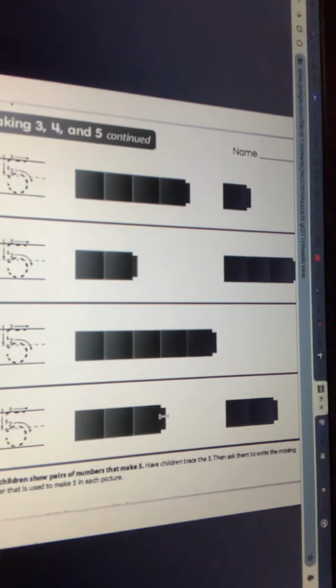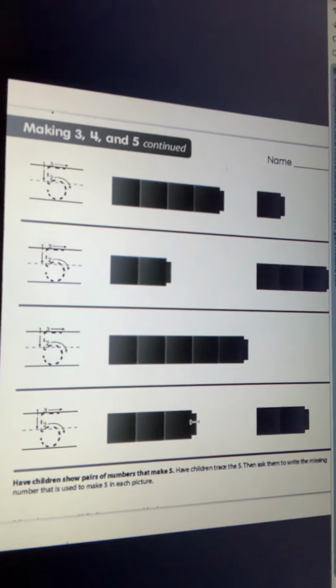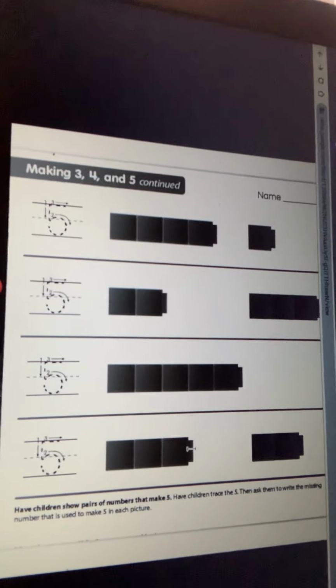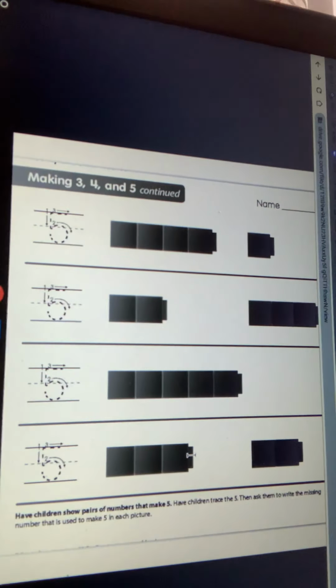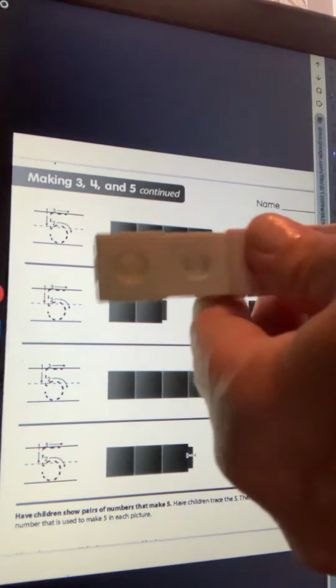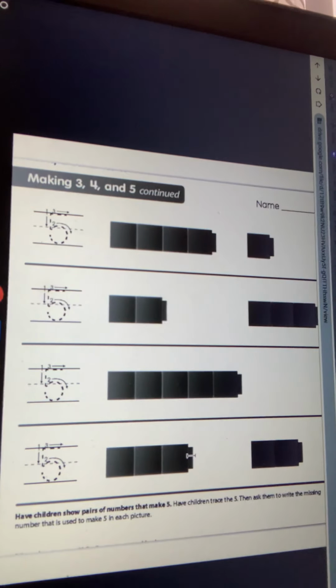So the worksheet is on my computer here, and if you see, just like I showed you, you have those blocks. So I showed you when I broke them apart, I showed you how I did 4 and 1 is 5. So we did 4 and 1 is 5, just like on here. 4 and 1 is 5. Now let's look at the next one.